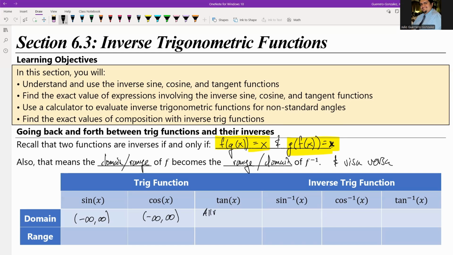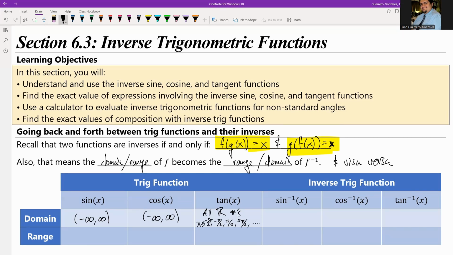There were exceptions though, and the exceptions were x cannot equal pi over 2, 3 pi over 2, and so on. And then we can go backwards: negative pi over 2, negative 3 pi over 2, and so on. So we were able to go in both directions.